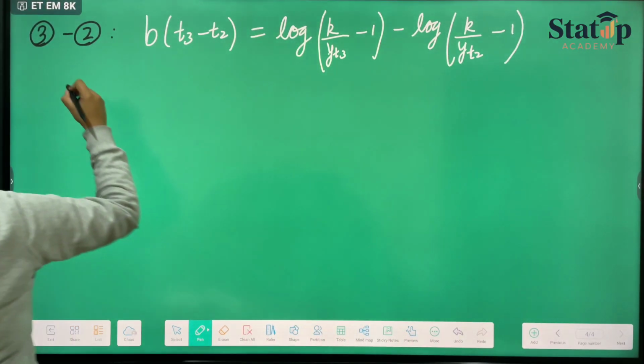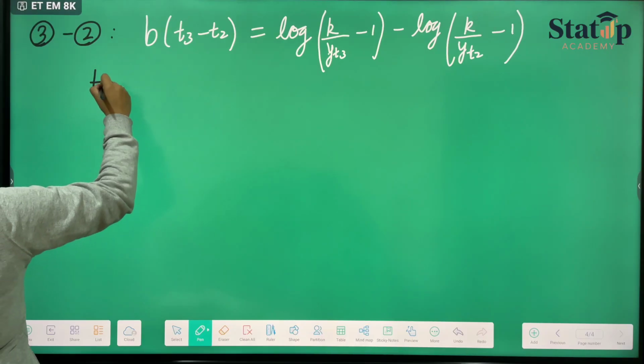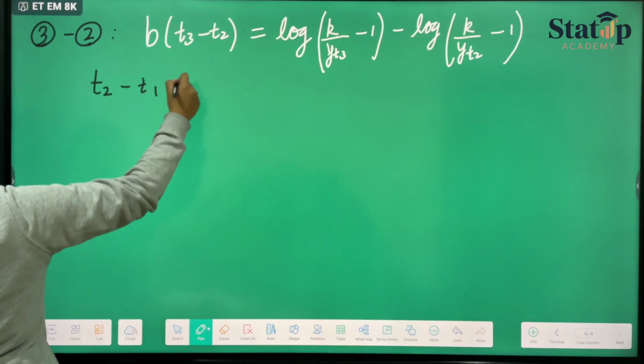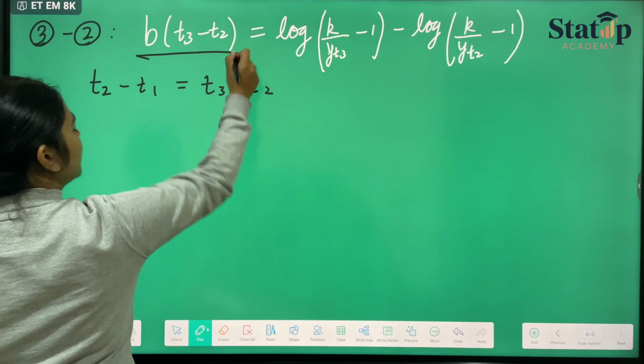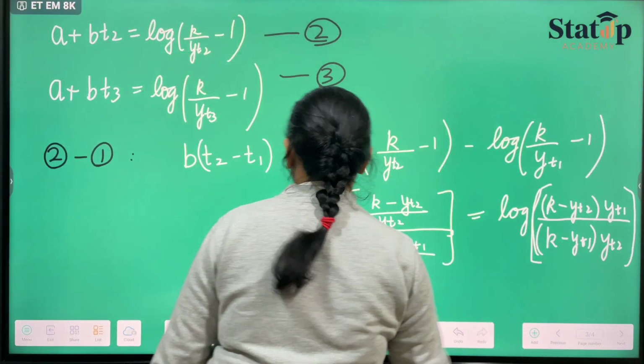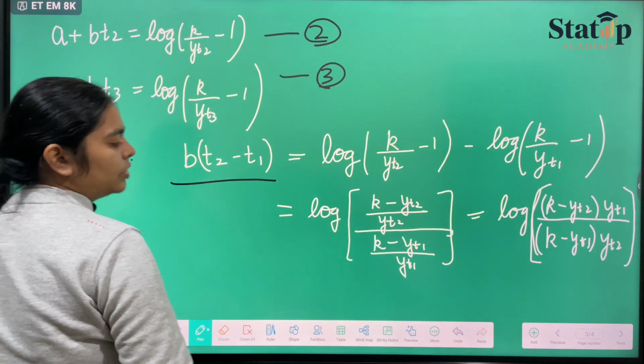Since we know that these points are equidistant, we know that t2 minus t1 should be equal to t3 minus t2. So this equation and this equation would be equal to each other.